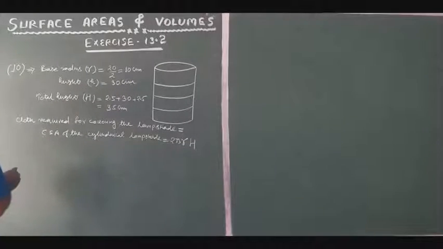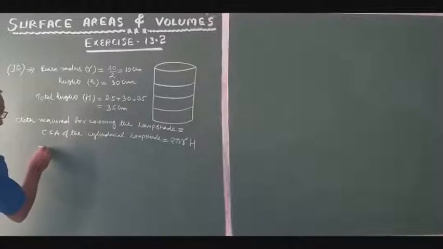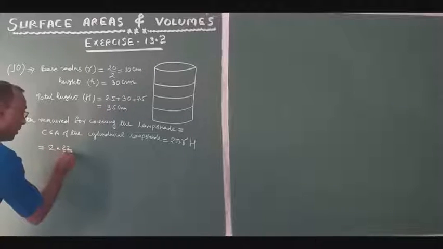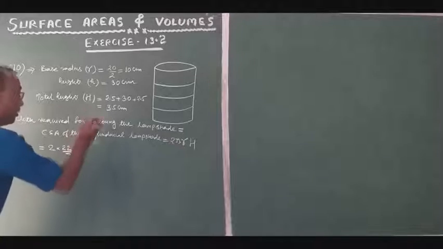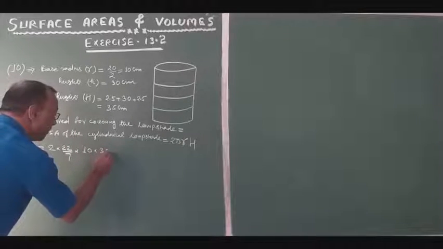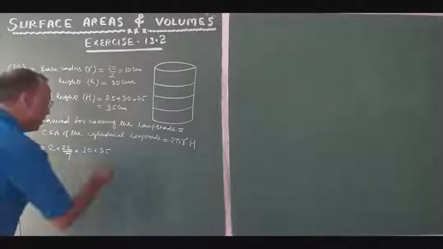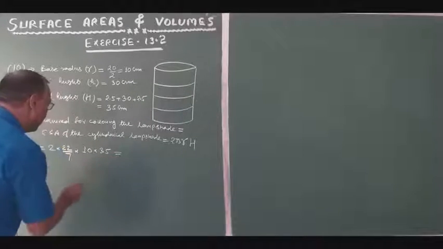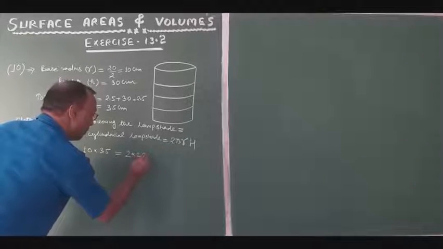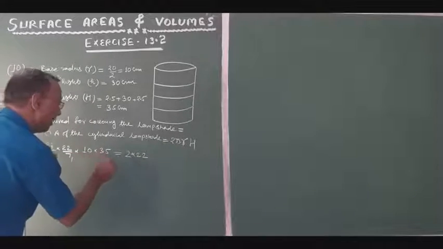Now put all the values. You will get 2 pi is always 22 upon 7, r you are given 10 centimeter, and the height is 35. Now just divide it. 2 into 22, 7 into 5.